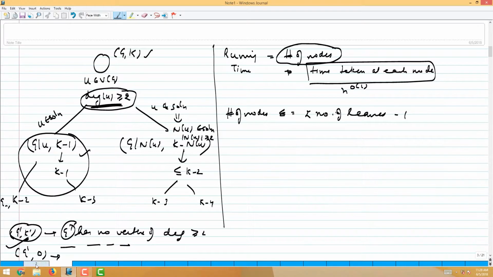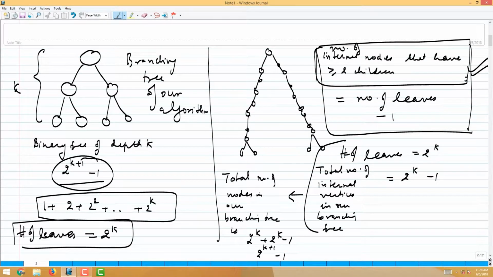right? So basically, to compute the running time of the branching algorithm, all we need to do is bound the number of leaves in this branching tree, right? So how can you bound the number of leaves in this branching tree?